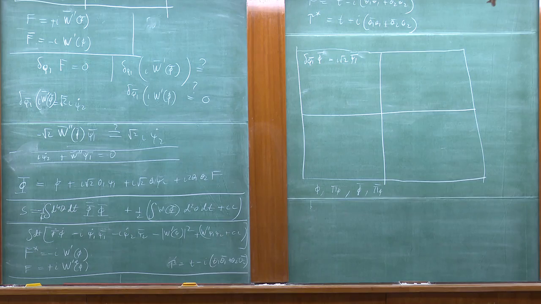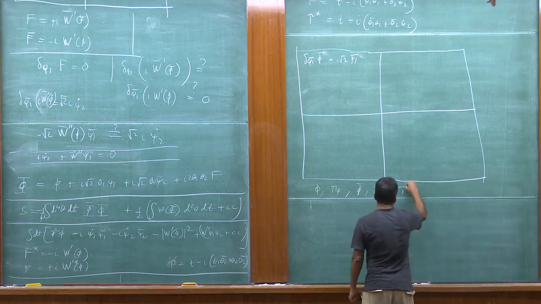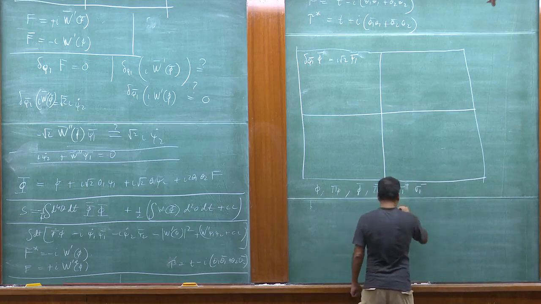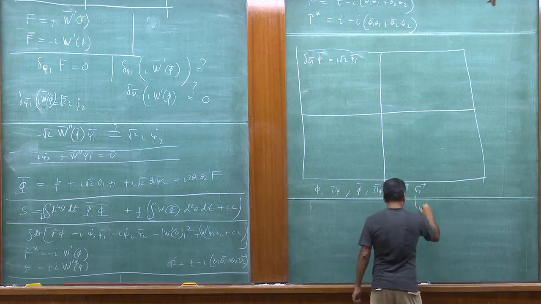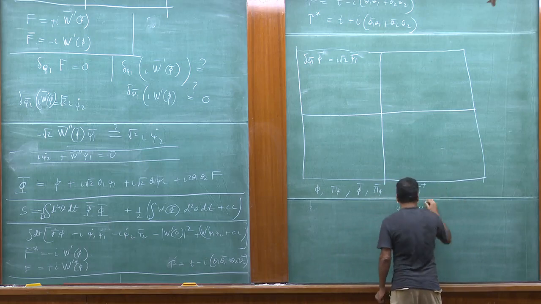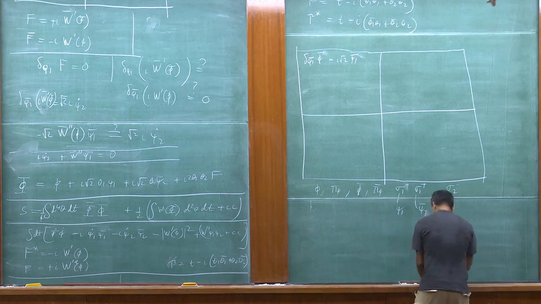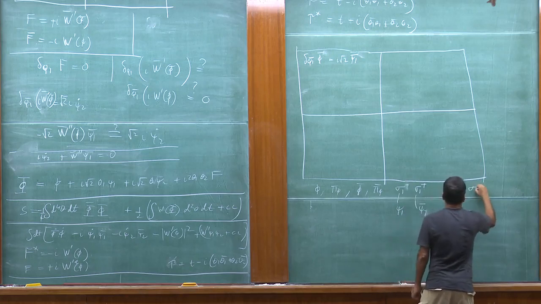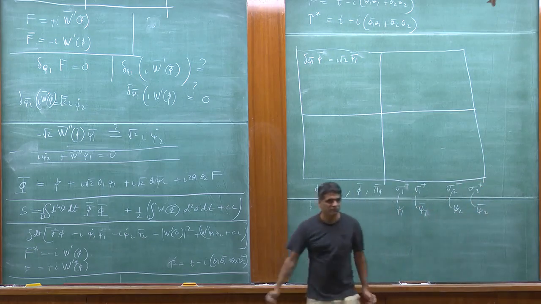Okay, these, but also sigma 1 minus, which remember secretly was psi 1, sigma 1 plus, which secretly was psi 1 bar, sigma 2 minus, which secretly was psi 2, and sigma 2 plus, which secretly was psi 2 bar.